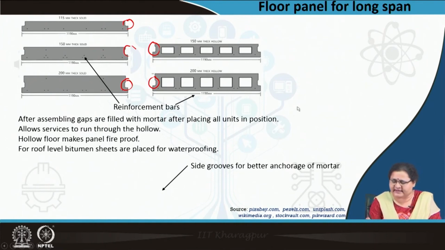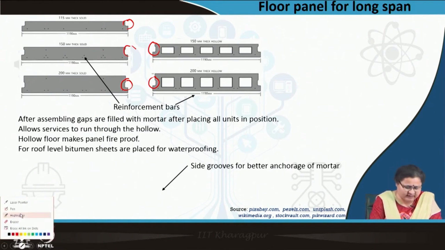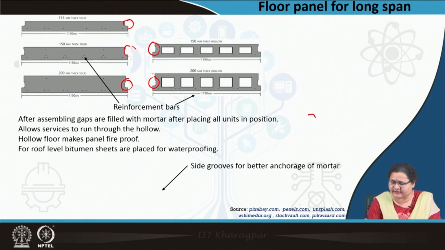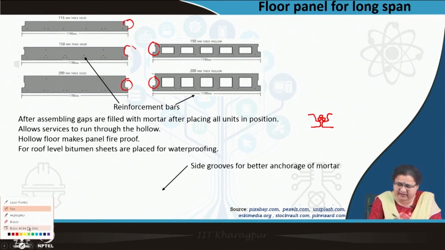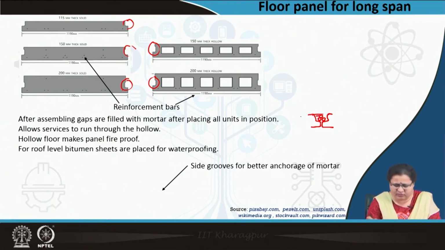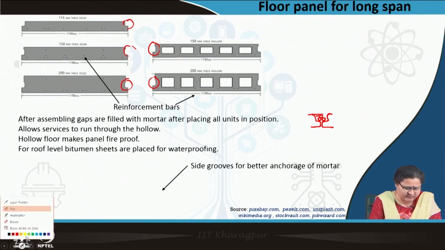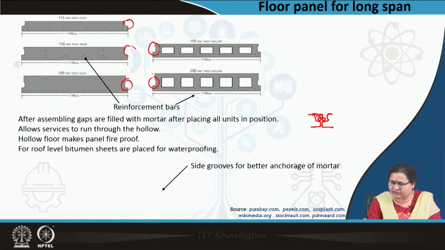So, whenever two such members are sitting one after the other, you can actually have the service lines passing through, on top of which you can actually pour in the concrete.